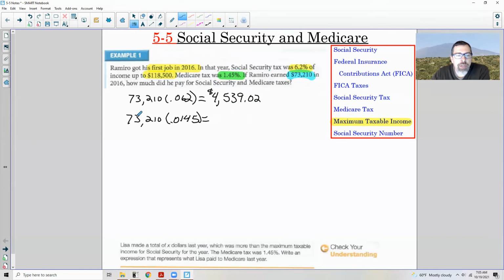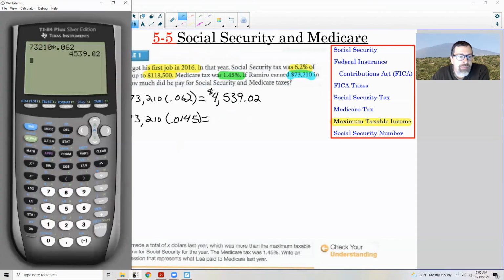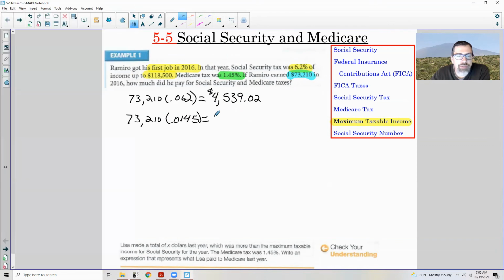Anyway, now we have $73,210 of Ramiro's first-year pay, and 1.45%, or 0.0145, comes out for Medicare. So when I take that $73,210 and multiply it by 0.0145, he paid in $1,061.55.